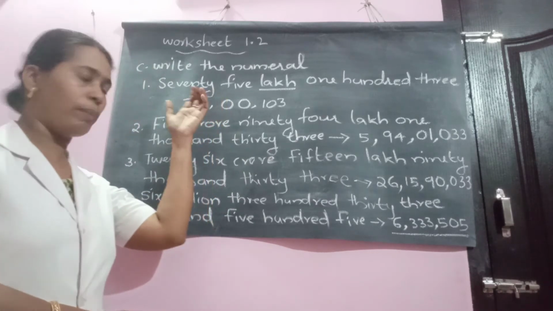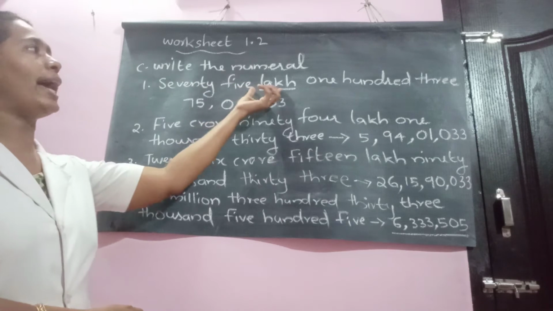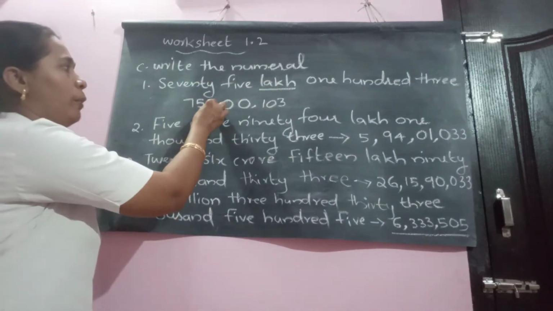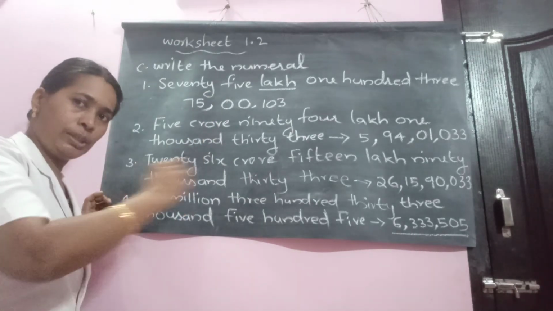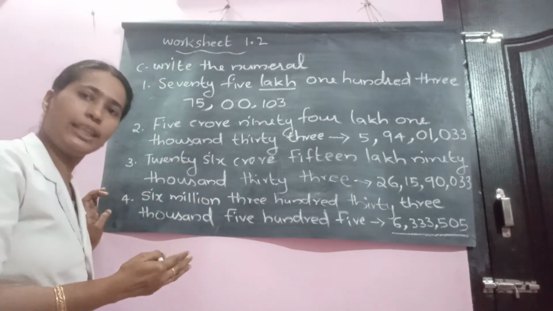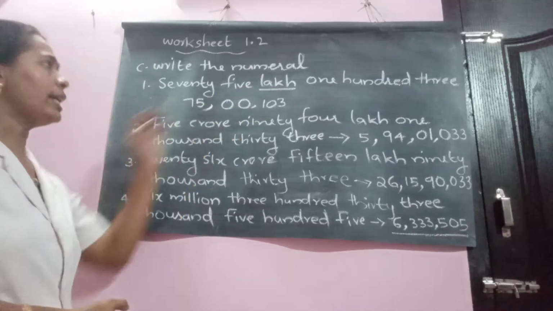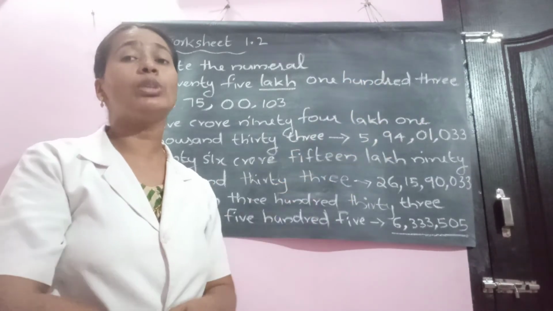So, let us start from left to right itself. 75 lakh is written, so the teacher wrote 75. Instead of lakh, the teacher put a comma, because that comma will separate the periods, isn't it? So, lakhs periods are separated by putting a comma. Then, by reading the number name, we can't see any numbers in the thousands period.